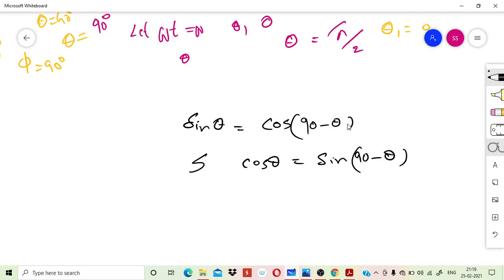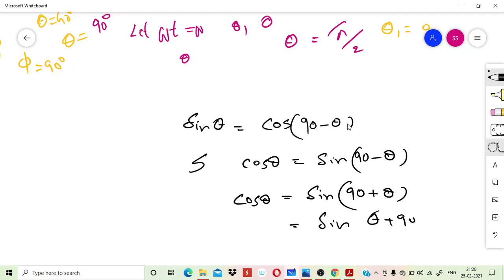Also you can write cos theta is equal to sine of 90 plus theta, that is, sine of theta plus 90. That means cos theta equals sine of theta plus 90.